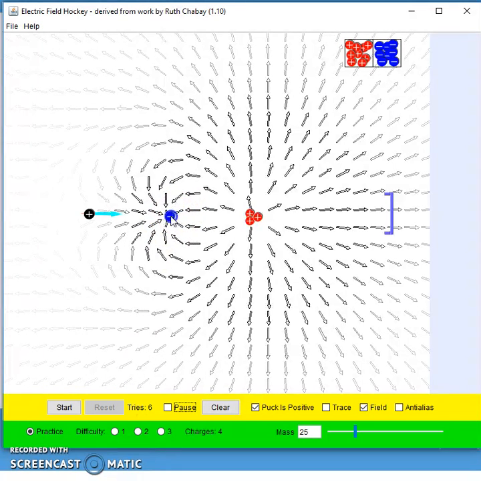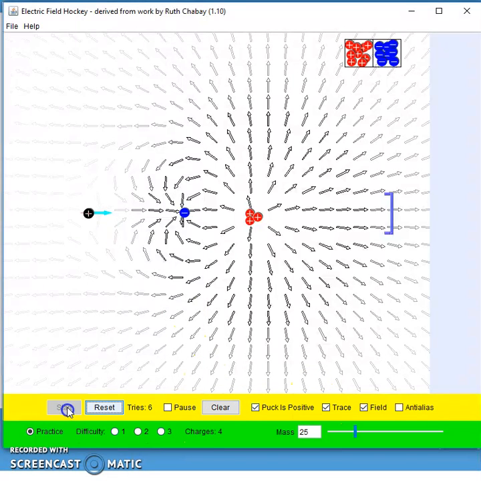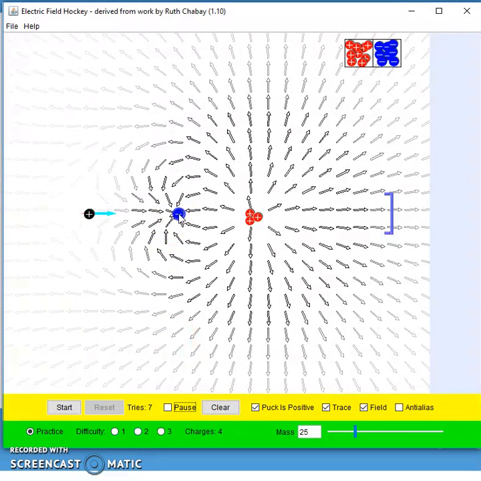We'll hit reset. It's a bit of a delicate thing. I wasn't able to correctly get it exactly at 0, but I'm going to put the trace on and see what we get. And there it just disappears again. So I'm going to move a little bit closer. Start it again. Gets caught in the puck.